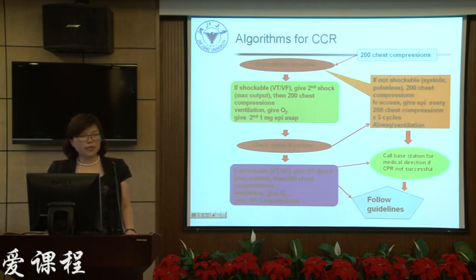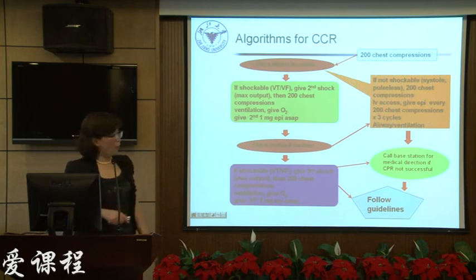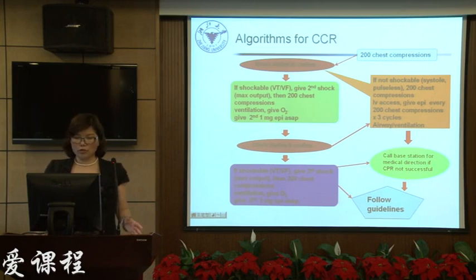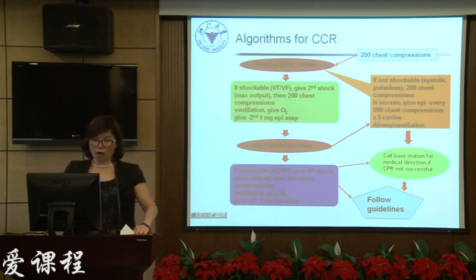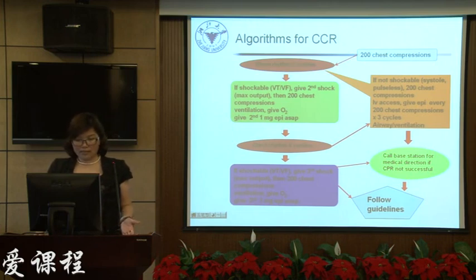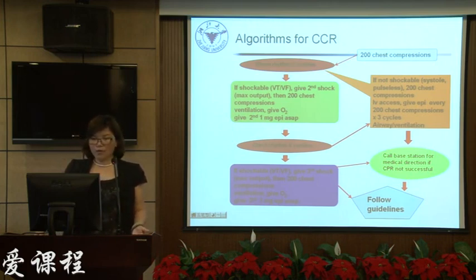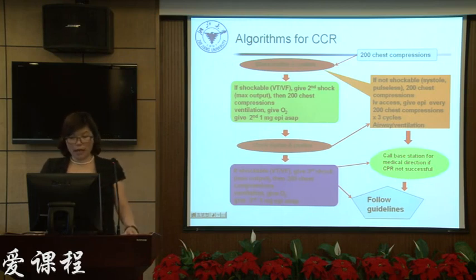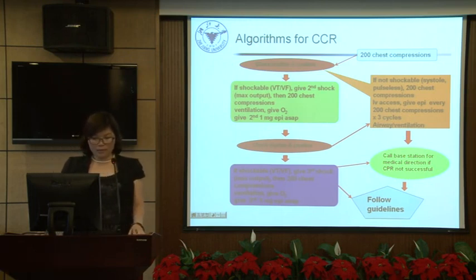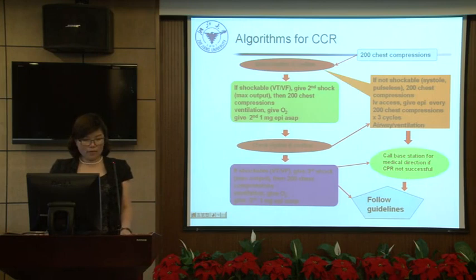If it is not shockable, you should continue 5 cycles of CPR, again ensure IV access, and give epinephrine, with every 200 chest compressions plus 3 cycles. Then secure the airway and ventilation, and check the rhythm again.